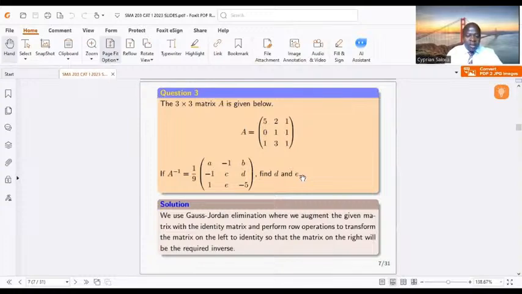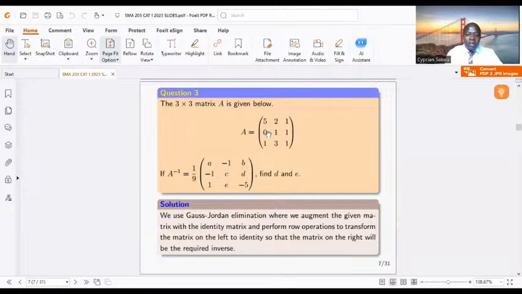So this question just means that you find the inverse of this matrix. Then after finding the inverse, factor out 1/9. What would be inside this bracket? What do you find inside this bracket? Just pick out D and E from what you have inside the bracket.